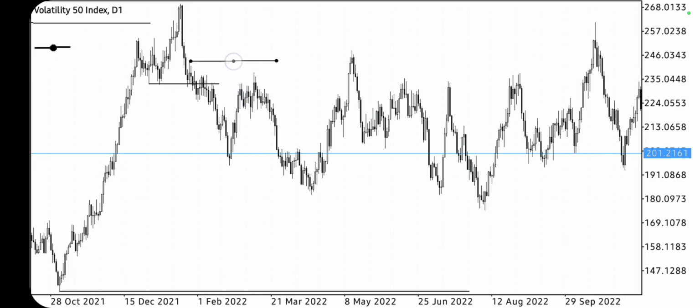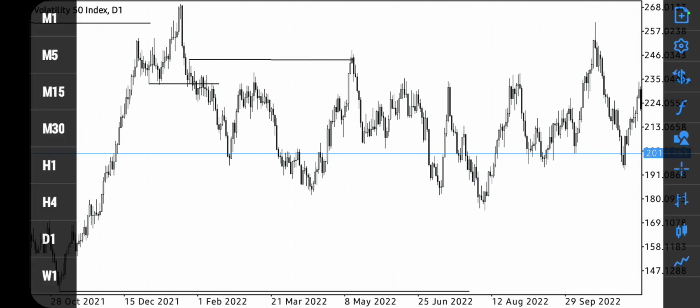Remember, here is where our range liquidity started from, that break of structure. So I'm going to be marking that out as the high of the range for this particular structure. The market did not take it.